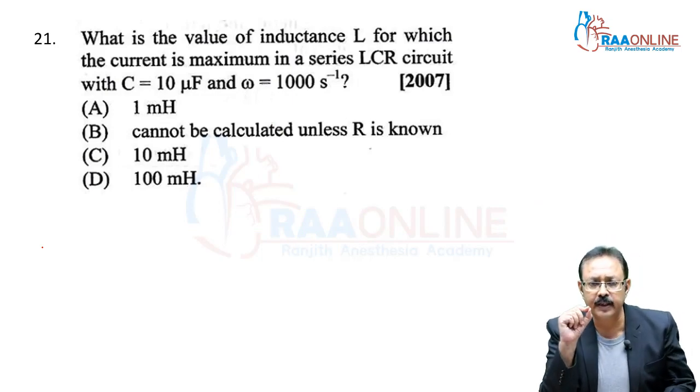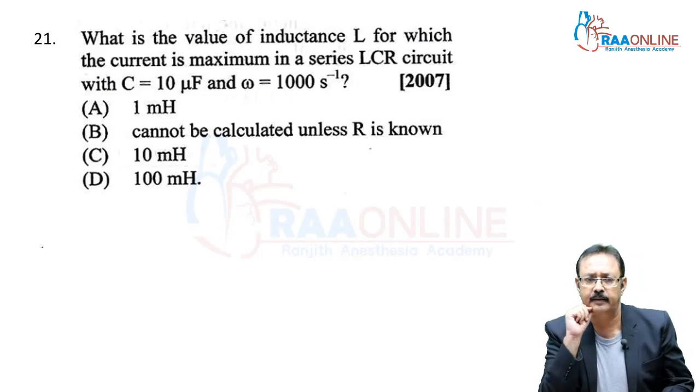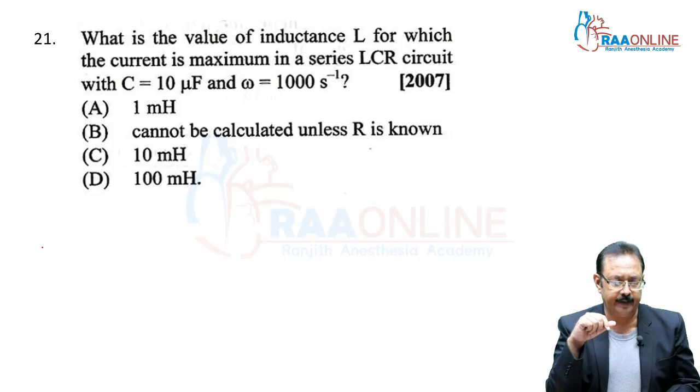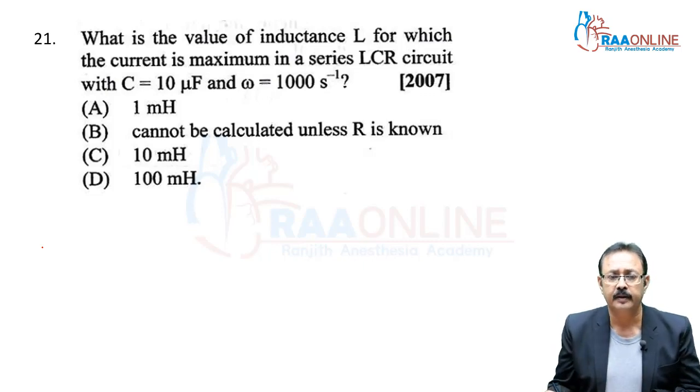21st, what is the value of inductance L for which the current is maximum in a series LCR circuit with C equal to 10 microfarad and omega is 1000 per second. It should be 1000 radian per second. We know that current will be maximum at the time of resonance, means when XL is equal to XC. What is XL?